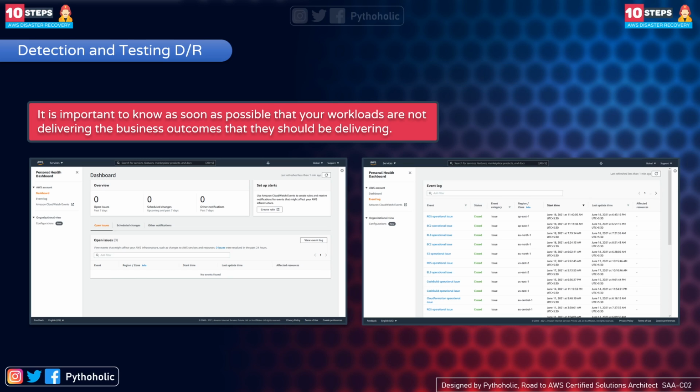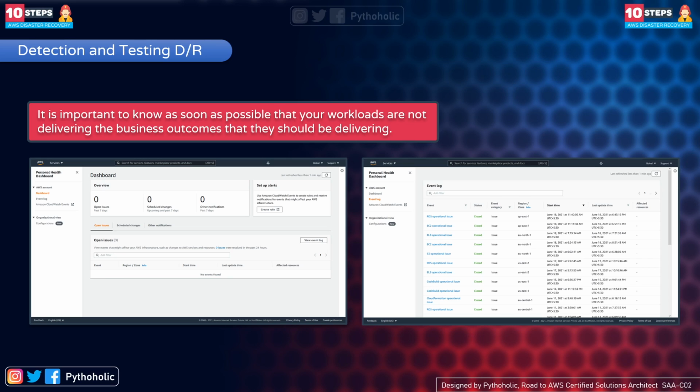And as you can see here, I have mentioned that it is important to know as soon as possible that your workloads are not delivering the business outcomes that they should be delivering. So you must always be aware of what is going on in your environment, if it is functioning properly or not. And this is one of the most important steps for disaster recovery strategies.